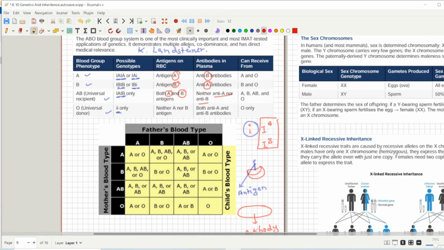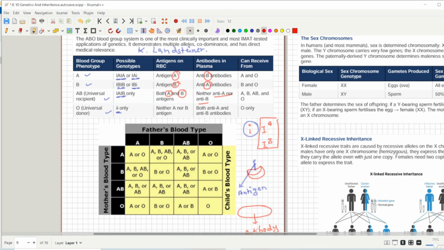You know that A can only receive A type of blood, while B can receive only B type of blood, while AB can receive A, B, AB and also O blood group, because it does not have anti-A or anti-B antibodies, so those antibodies will not kill anyone.